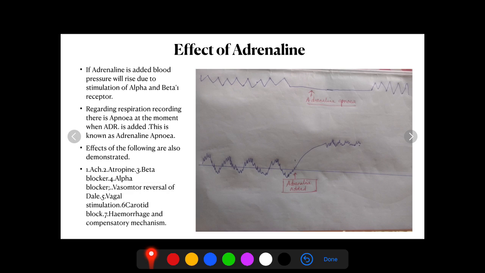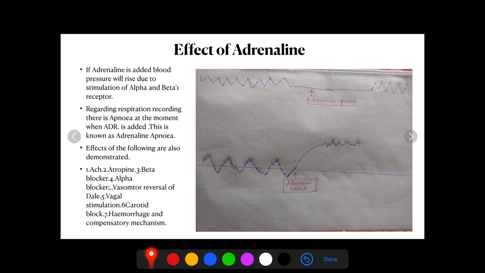And last of all, we can see the effect of hemorrhage. Now, how can we see the effect of hemorrhage? We can allow some blood to come out of the animal's body through the femoral vein. Blood is coming out through the femoral vein, so there will be hemorrhage.